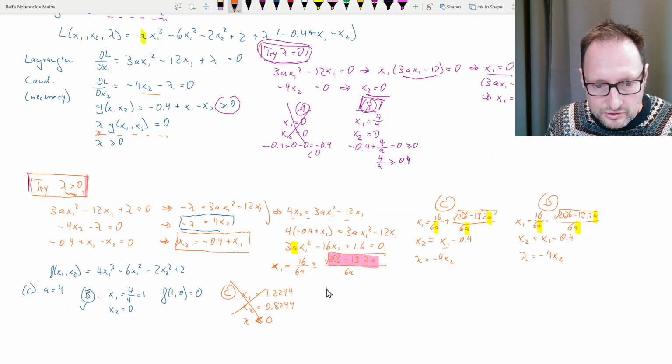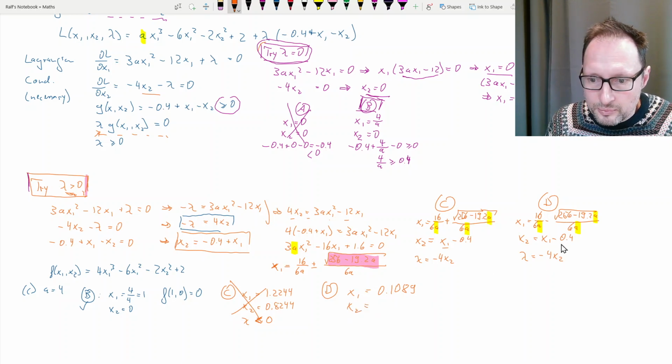So let's move on to D. If you plug a 4 into that, what you will get is that x1 is equal to 0.1089. Then x2 is going to be that value minus 0.4.